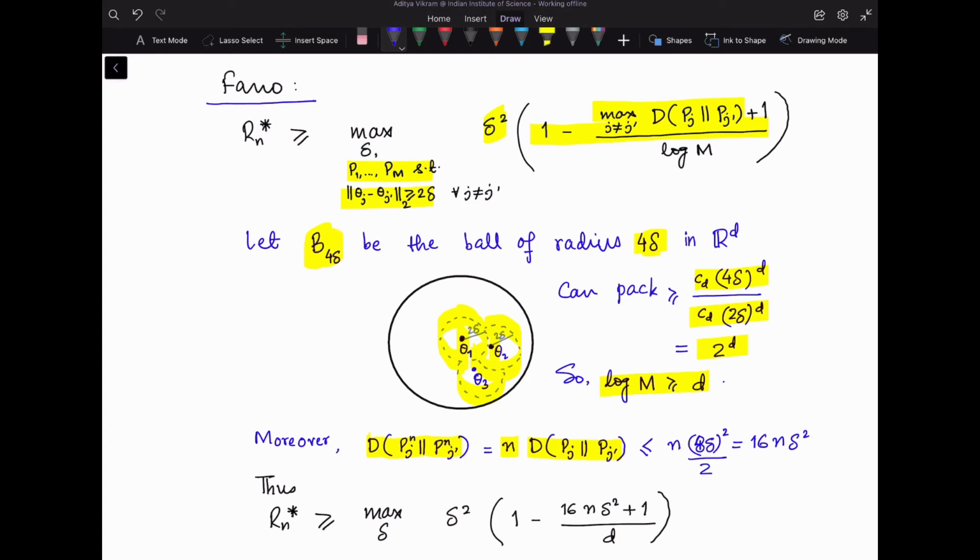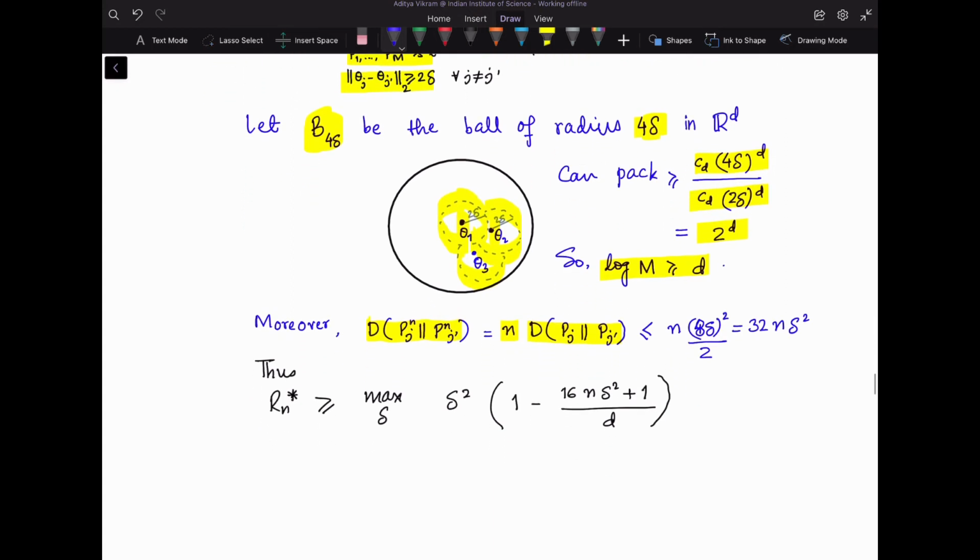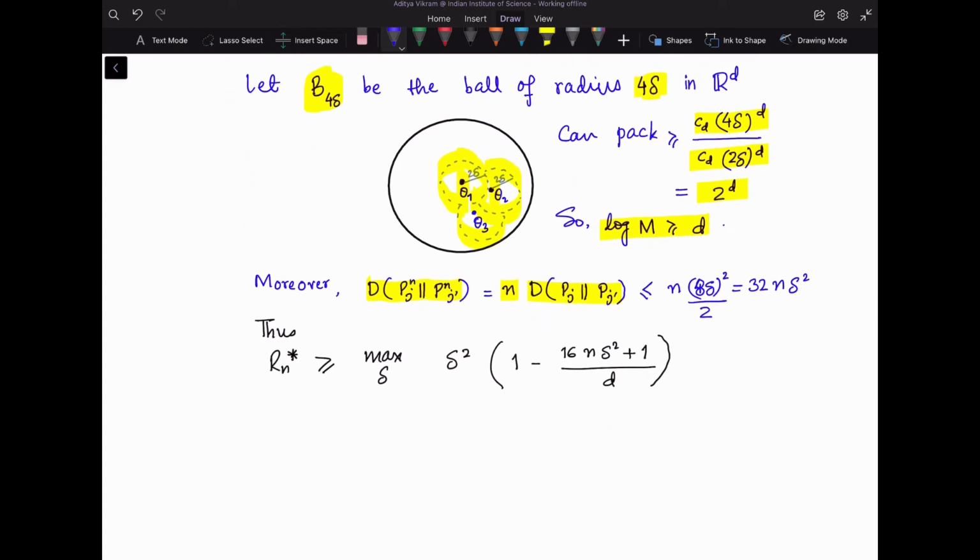This can be the maximum KL divergence, and so this turns out to be 32 n delta square. Now we substitute this in Fano's bound. So the maximum KL divergence is 32 n delta square.